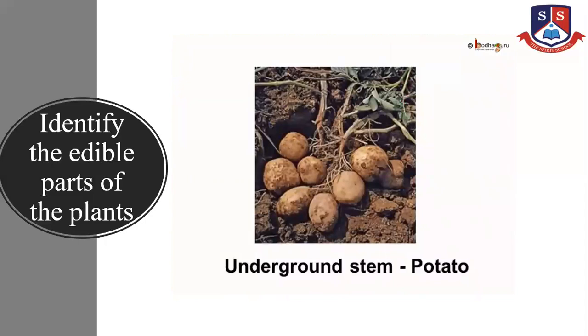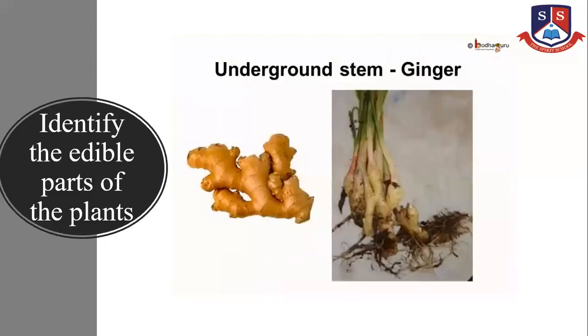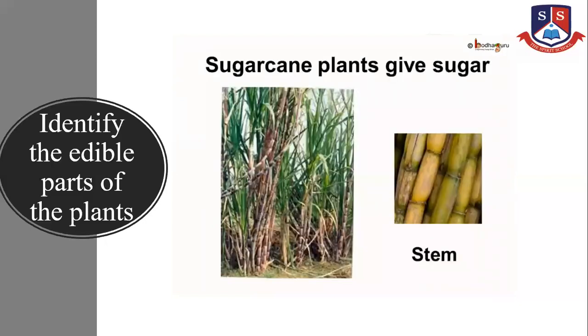Hence, the stem becomes swollen and we eat it as potato vegetable. Same way, ginger is also an underground stem which we use in our food. From which part of the plant do we get sugar? We get sugar from the juicy stems of the sugarcane plants.